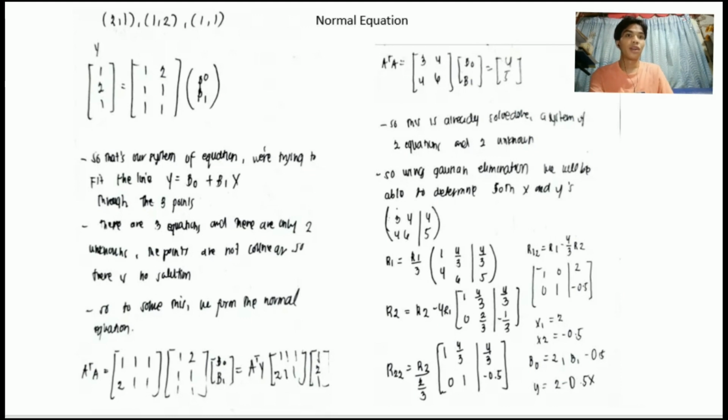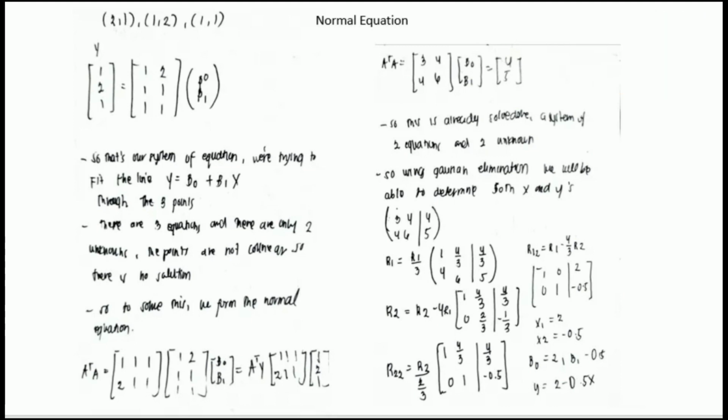So our x sub 1 would be 2, and our x sub 2 will be equal to negative 0.5. We didn't forget about our beta, which is equal to 2, and b1 is equal to negative 0.5. So our y will be equal to 2 minus 0.5x.